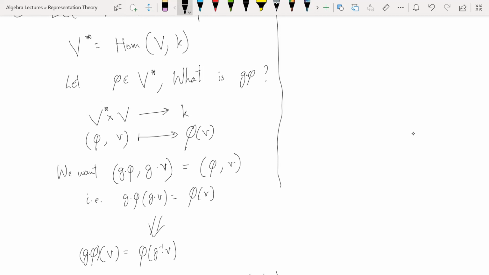This is a linear map on V dual. That is not difficult to check: we just check that G dot phi is linear. That is okay, because G is a linear map and phi, of course, is a linear map. But it's also an action, so we'll check that it's an action.